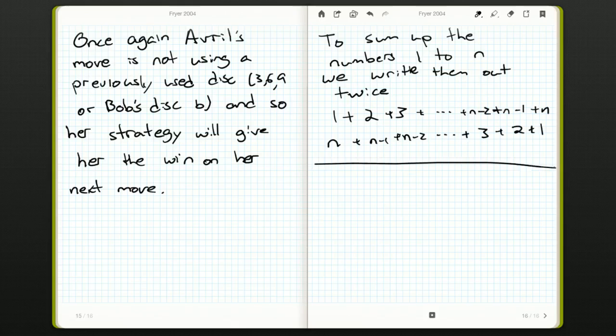But if you look at it, these guys are n plus 1. These two numbers are also n plus 1. 2 plus n minus 1, that's n plus 1. And we get n plus 1, n plus 1.